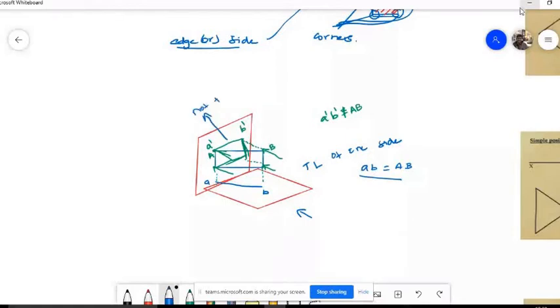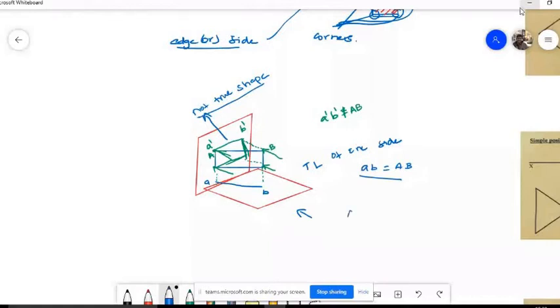So in this case, how do we draw the projection for this problem? You know the concept of projection of planes: you need to start with the view where the true shape and size is visible, whereas in this case the true shape is not visible in both front view and top view.